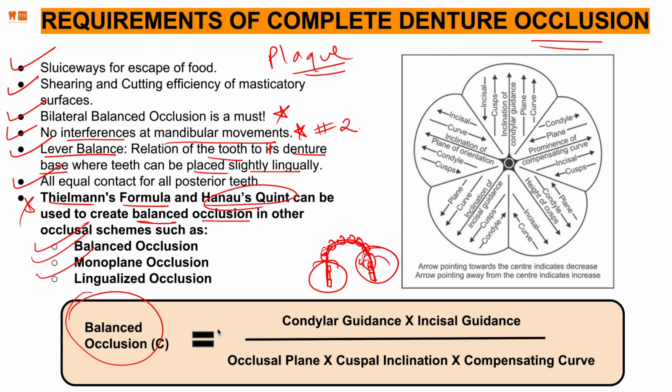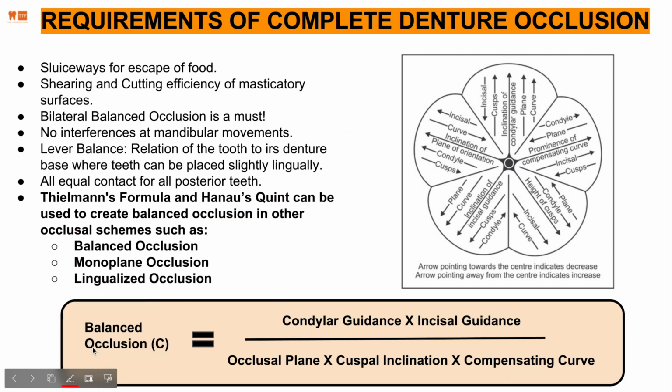What are the factors associated with this? So let's introduce a new formula amongst you guys. Condylar guidance and incisal guidance are in the numerator, the upper number. Occlusal plane, cuspal inclination, and compensating curves are in the denominator. Now, I know there's a lot of factors in there, but we'll take a look at them one by one. But for now, focus on one thing, you guys.